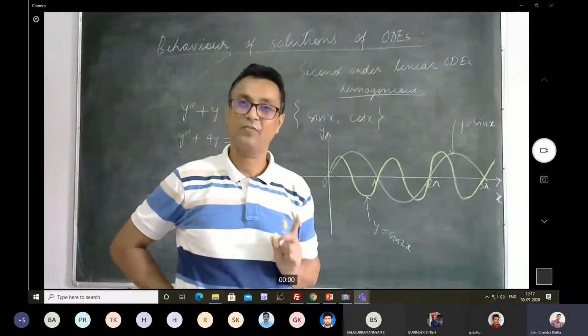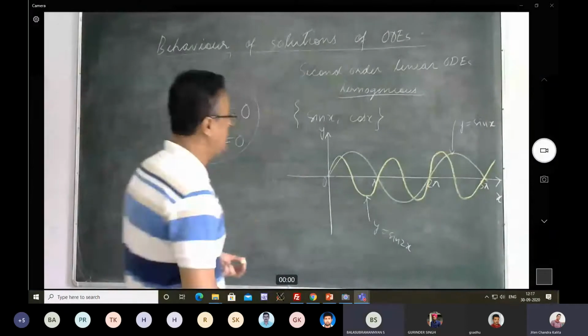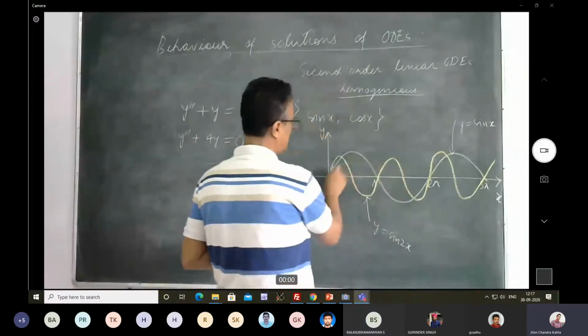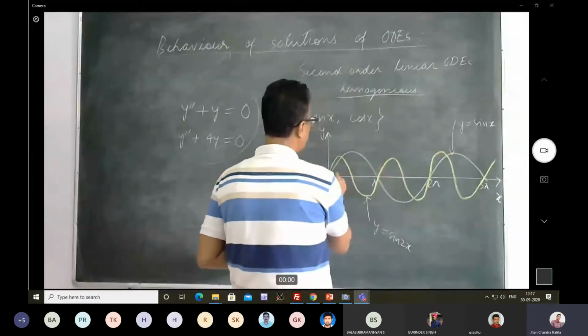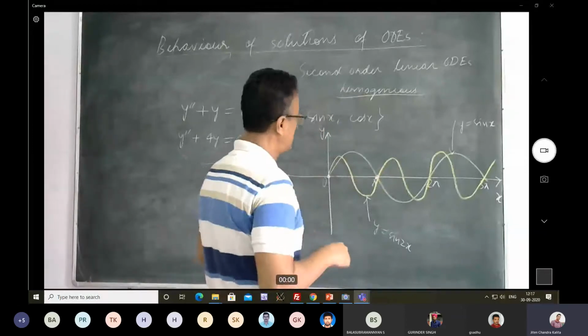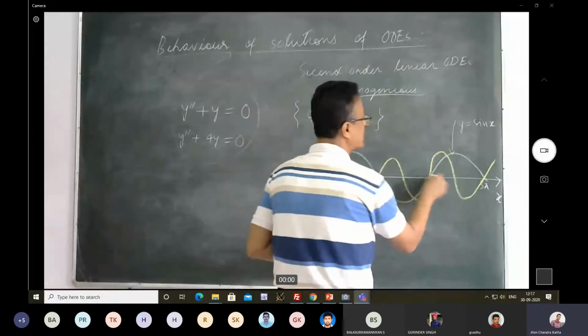And the same you can see for the first curve, which is sin x. See, here what is happening? The solution is vanishing at certain points.